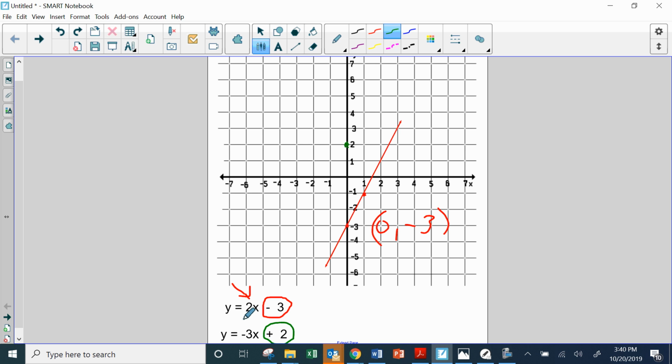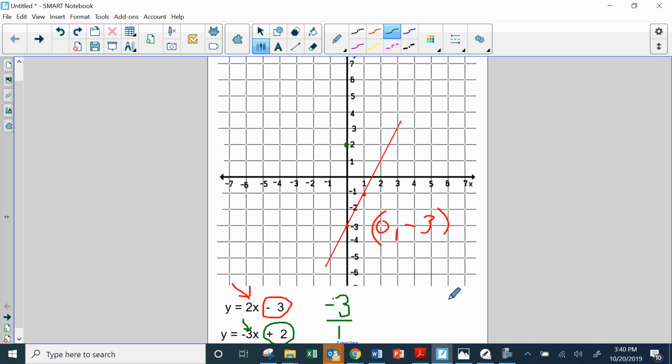Whatever value is next to the x, that's the rate of change. So -3. I'm going to put that over 1. It's easier to do it in the small part.